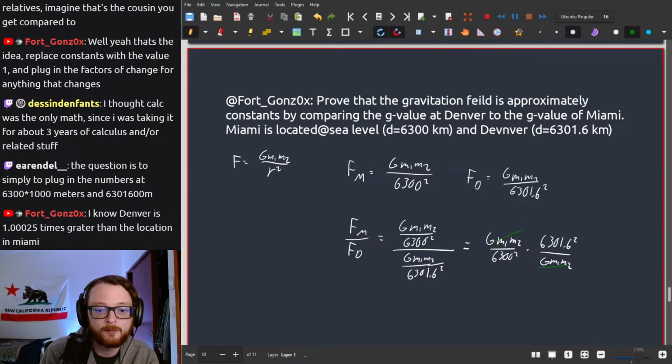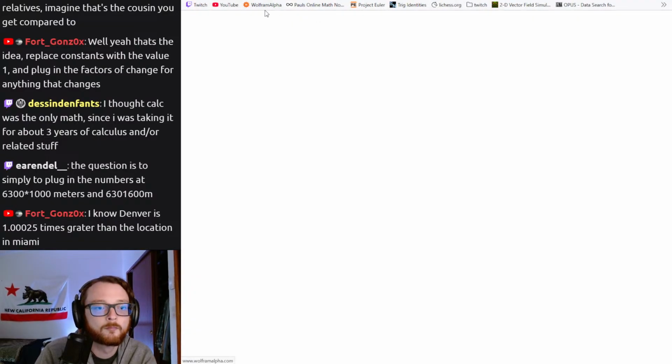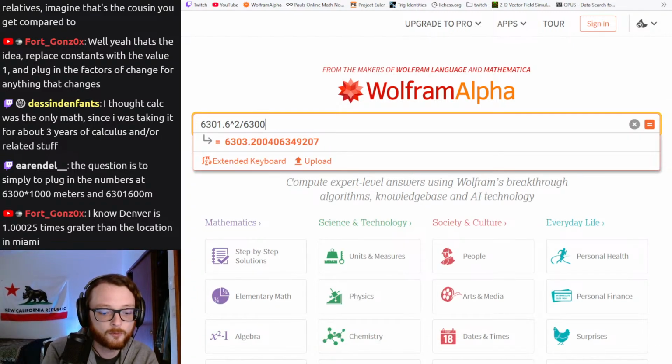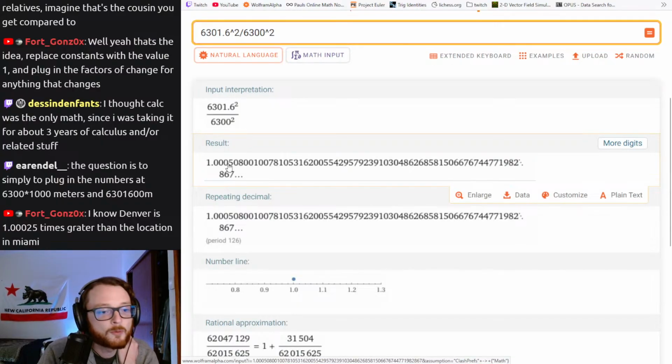Of course, you could have just set them to 1 at the very start, because that cancellation will always happen when you do this technique. So what we end up with is 6301.6 squared over 6300 squared. Let's plug that into a calculator. Yeah, we get slightly different numbers, but for all intents and purposes, the result is the same here.